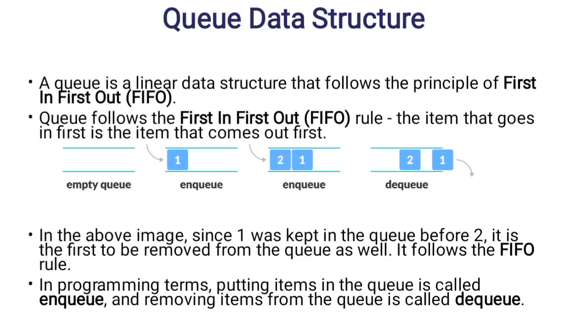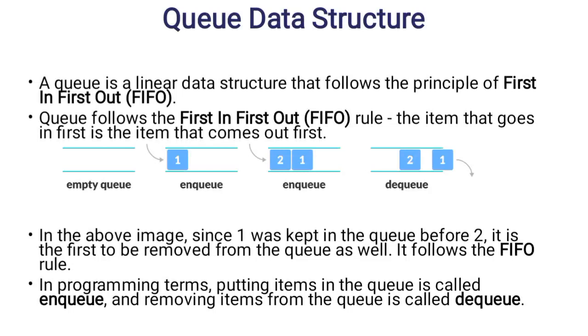Then on the second diagram, we are inserting an element, meaning that we are applying the operation called enqueue. Then on the third diagram, we are applying enqueue again. But on the fourth diagram, we are applying the operation called dequeue. Dequeue means that we are removing an element from a queue, right?